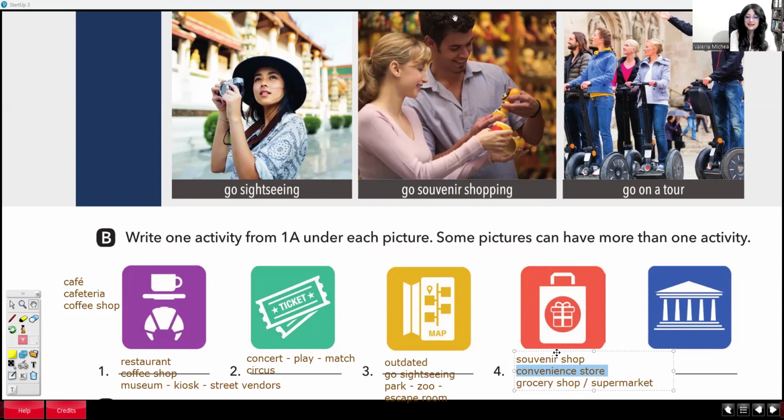It's la tiendita, that thing that you have near your house where you go and buy small things, but you can find almost everything. It's not a supermarket. It's smaller than a supermarket, but it's called a convenience store because it has everything that you may need, but it's a local shop. So la tiendita que está cerca de tu casa, that's the convenience store.